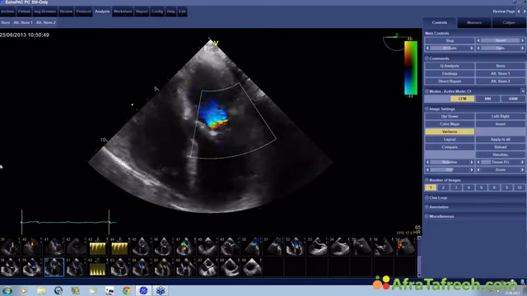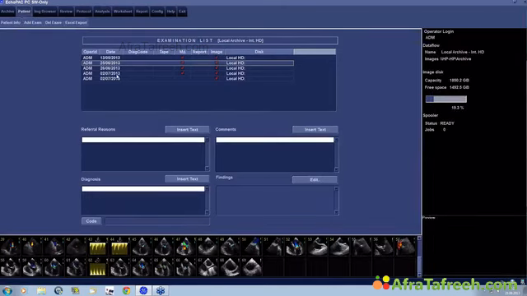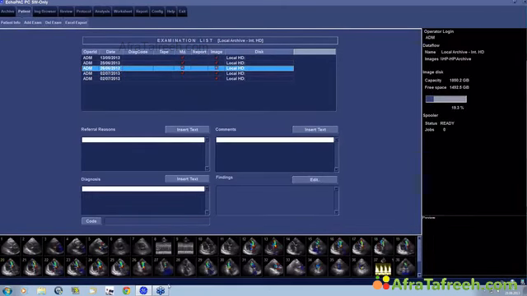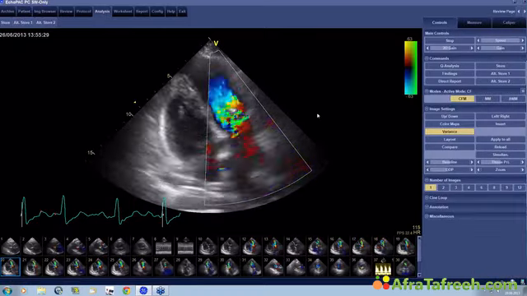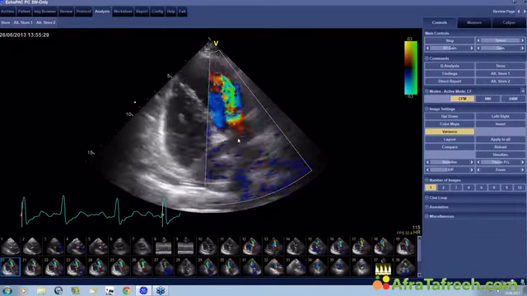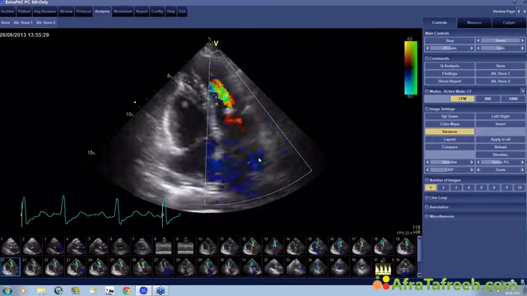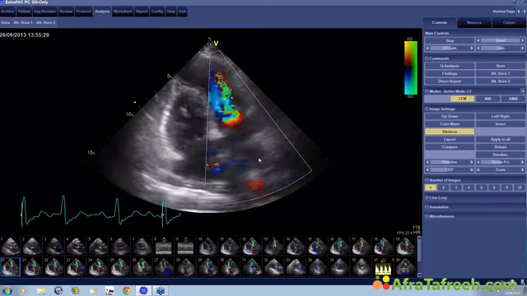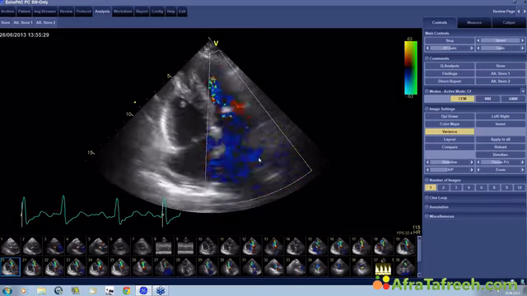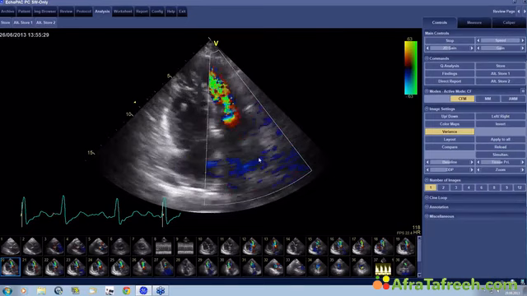This is how we took her off the table. The next day we followed her, and obviously the regurgitation is not gone yet. It's still here. As a matter of fact, now we have a situation which looks hemodynamically completely different. We have a small ventricle because the patient has mitral stenosis.